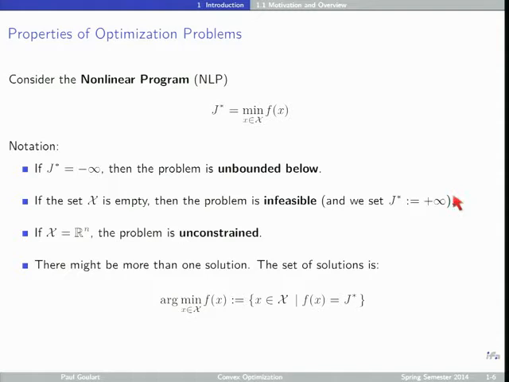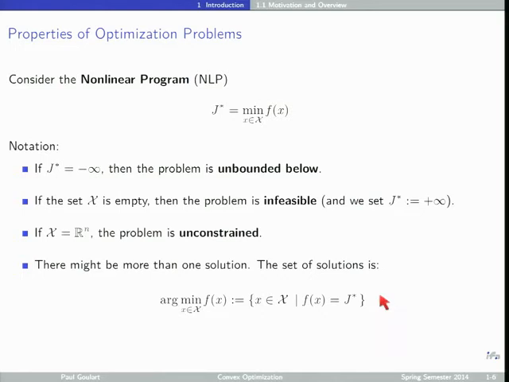And if, instead of this set being empty, I take it to be R^n, if I'm thinking about optimizing over vectors, then we say that the problem is unconstrained. And if it's unconstrained, maybe it has a minimum value or maybe not. Something that sometimes troubles people is that if I'm able to solve the problem, and J star is a finite value, then I have to think about what the right answer is.